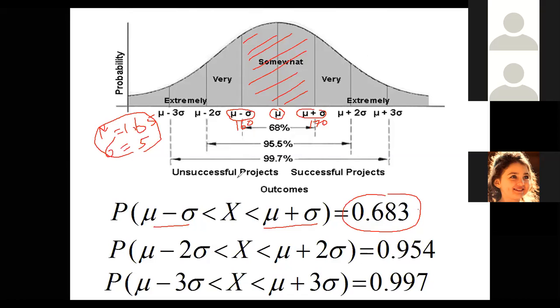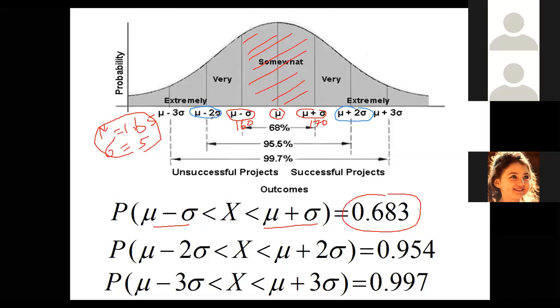Clear? Similarly, the second range of values, I will put it in blue color, is mu minus 2 sigma and mu plus 2 sigma.